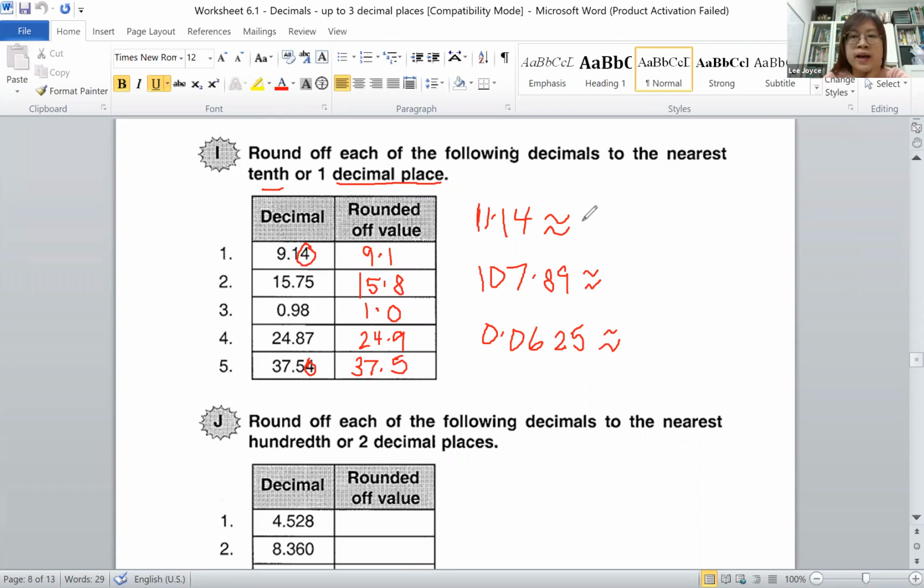Okay, so Christabel, you will take the first question, 11.14. Sarah, you will take the second decimals, 107.89. And Jethro, you will take the last one, 0.0625. Now round off all these decimals to the closest one decimal place.